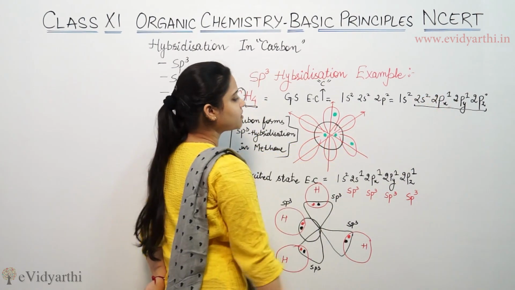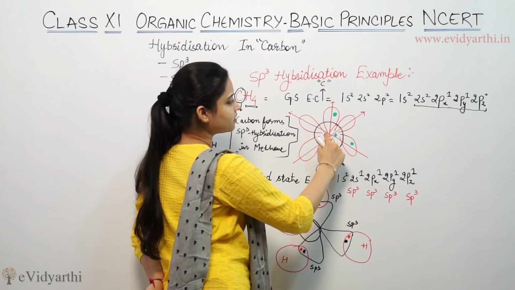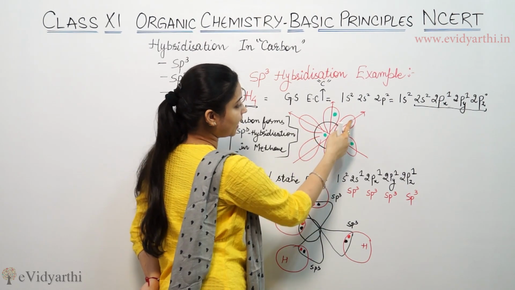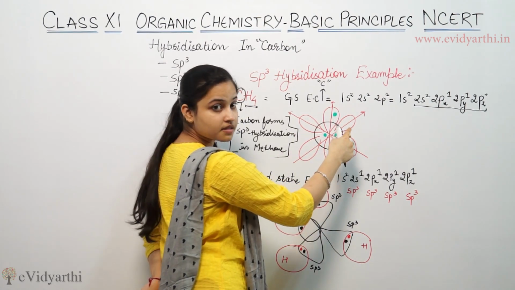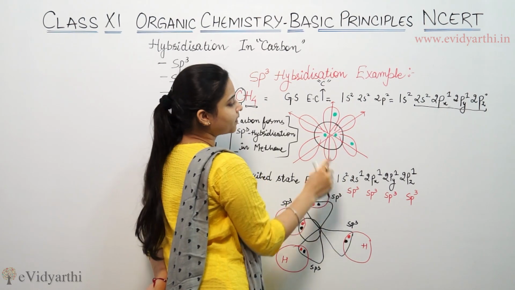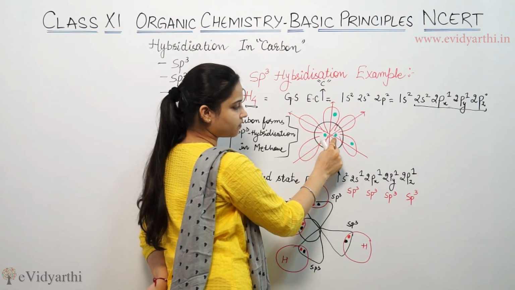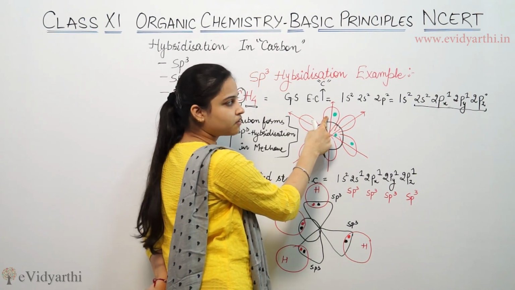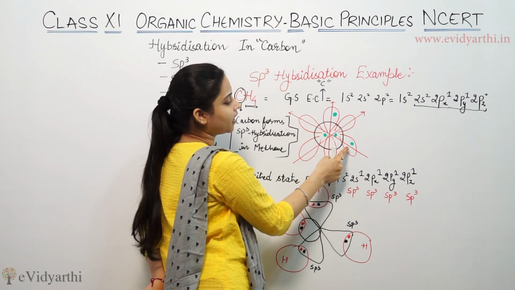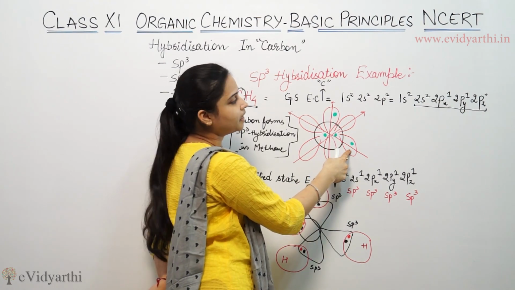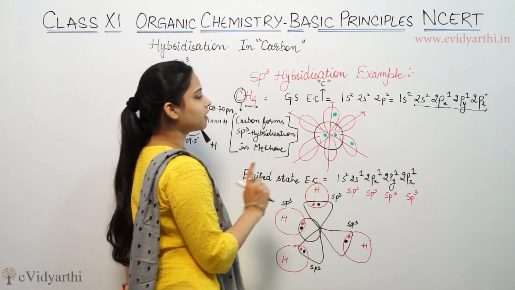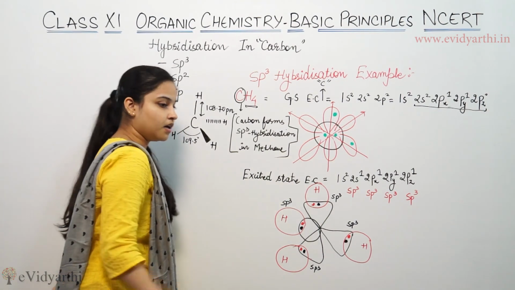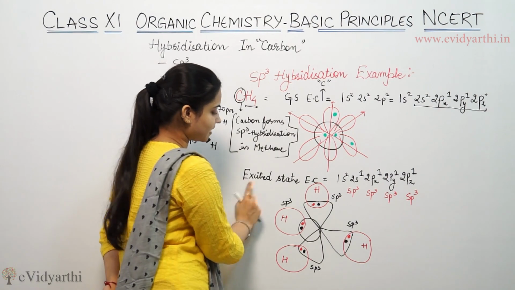There are three p orbitals, px, py, and pz, and the pz orbital is empty since it has no electron in it. Two electrons are in the s orbital, one electron is in px and another electron is in py. This is the ground state electronic configuration of carbon and its structure. Now we proceed to the excited state.